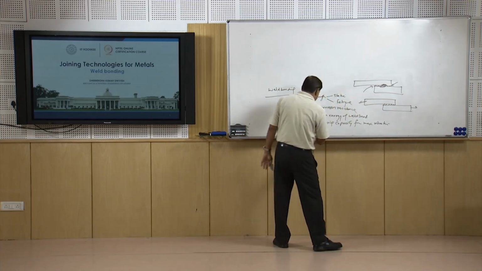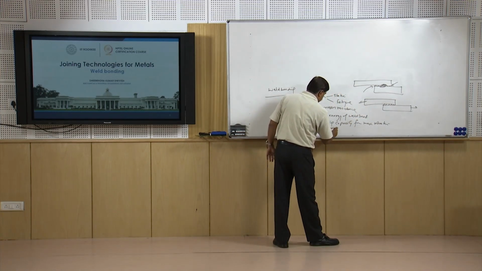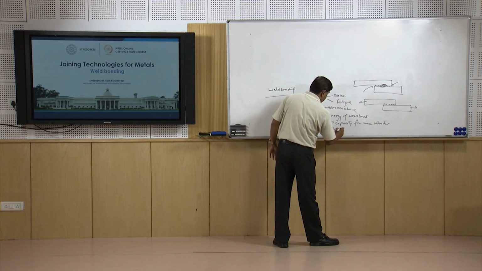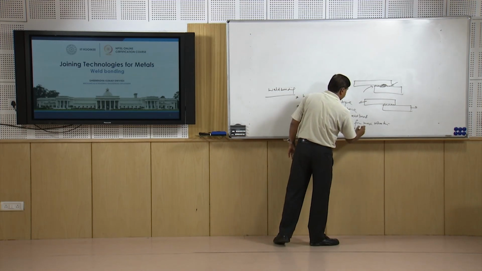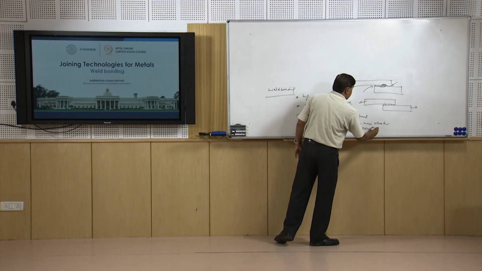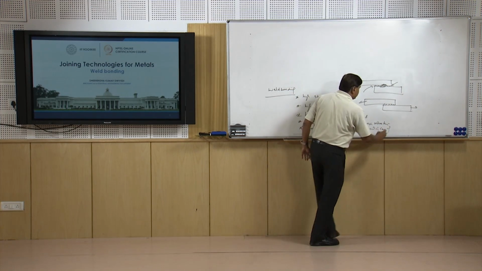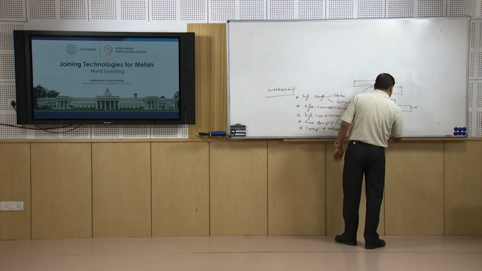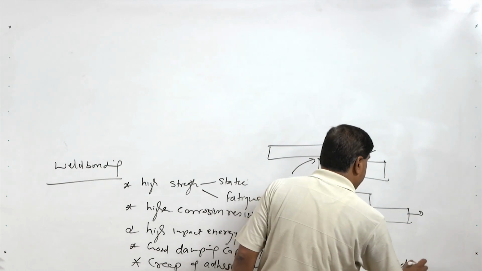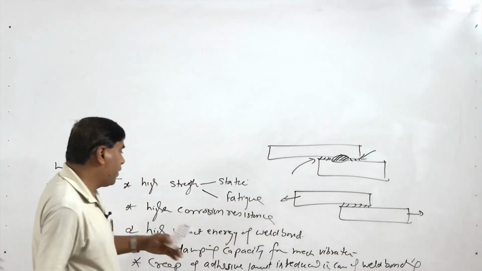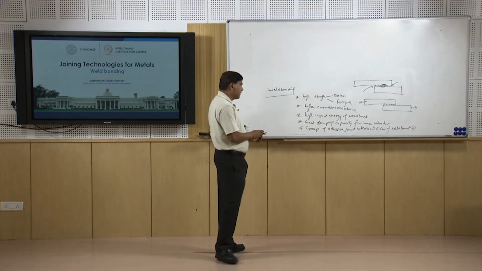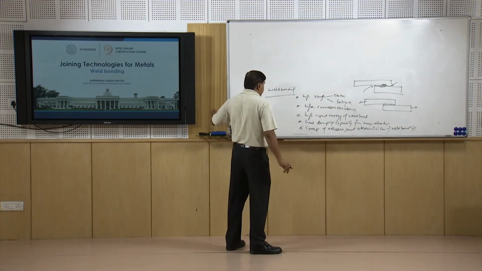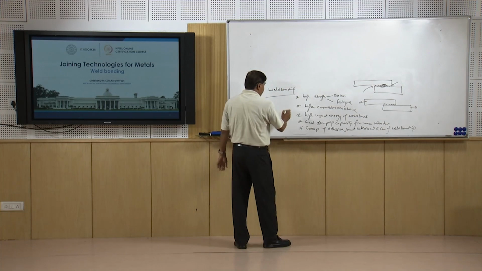So, the creep of the adhesive joint is reduced in case of the weld bond. So, basically weld bonding reduces the creep of the adhesives that is primarily observed when only adhesive is used for developing the joints. So, here these were some of the advantages of weld bonding.